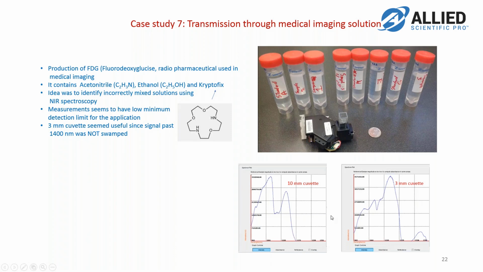For this reason, another cuvette, shown on the side, was made by cutting this 1 centimeter cuvette into 2 pieces and putting them back to back. We have access to a glass blower who could cut these, and then we put silicone on the edges, making a 3 millimeter thick cuvette.